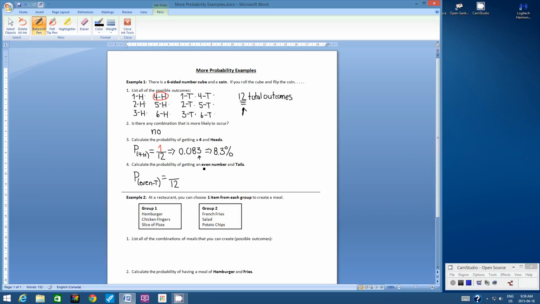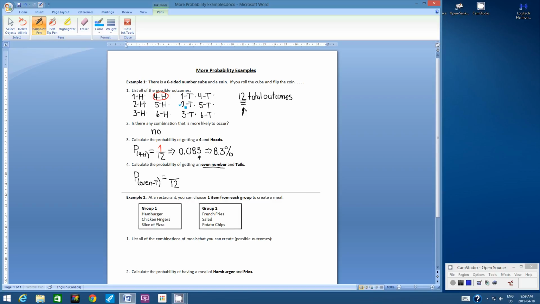So let's look at this, even number. So what are the even numbers? Well, that's 2, 4, 6, 8, but we don't need 8 because it's only a 6-sided number cube. So let's look at all of our outcomes. Well, we only have to look at the tails outcomes over here, and let's mark up the ones that are even and tails.